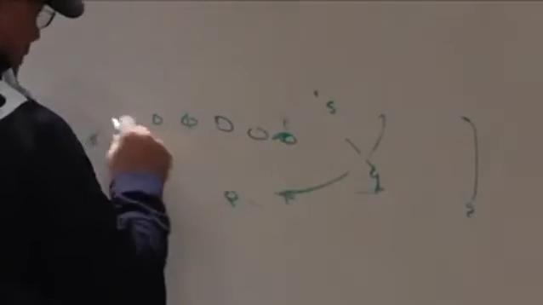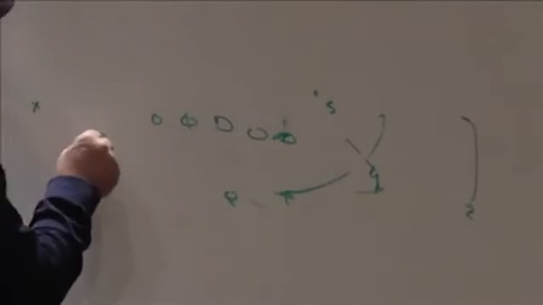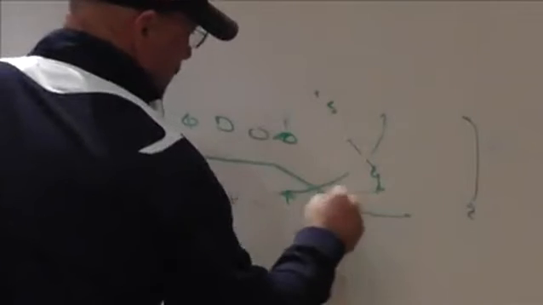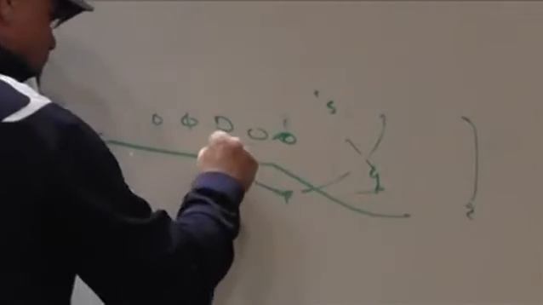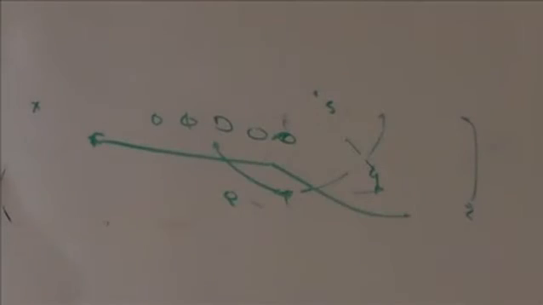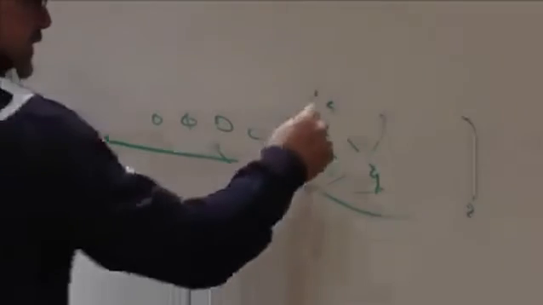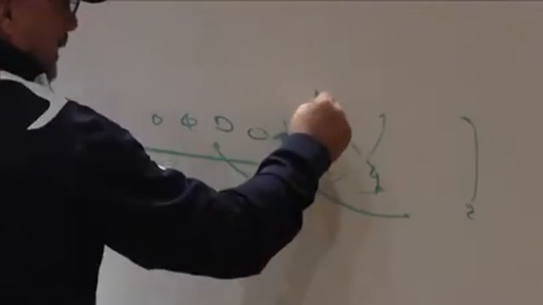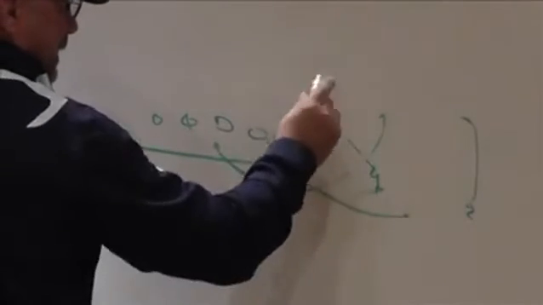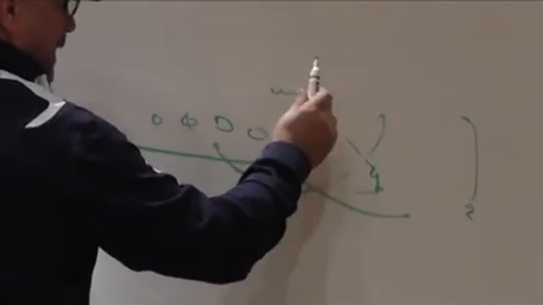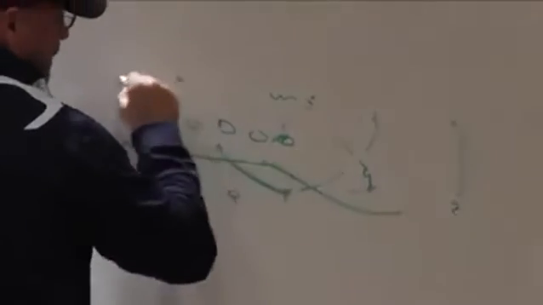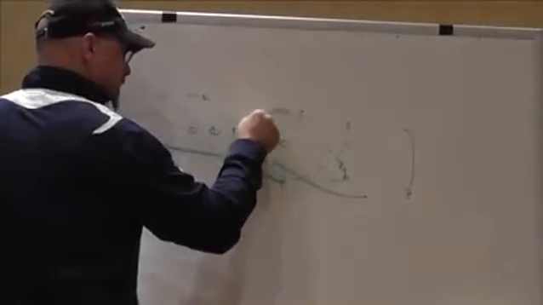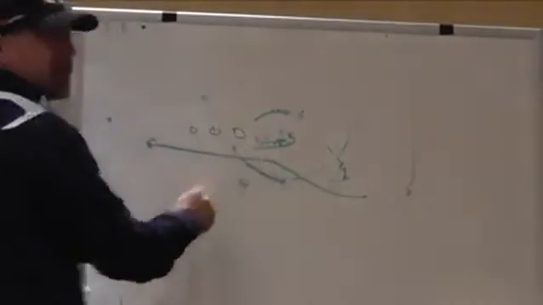the defense is used to seeing us do this. And so what happens is this Sam backer, this Mike backer, he'd be the Mike, because they bump it, he starts to see that, and they start playing the zone read like that.